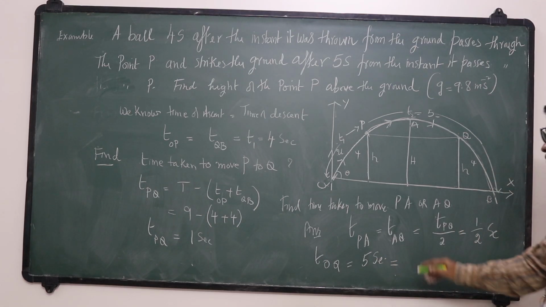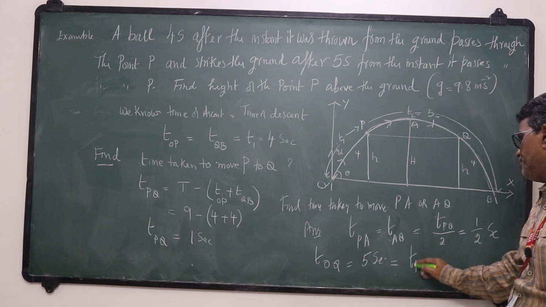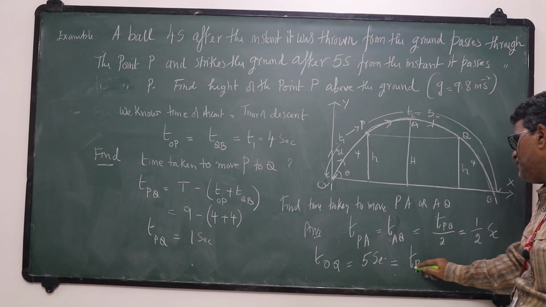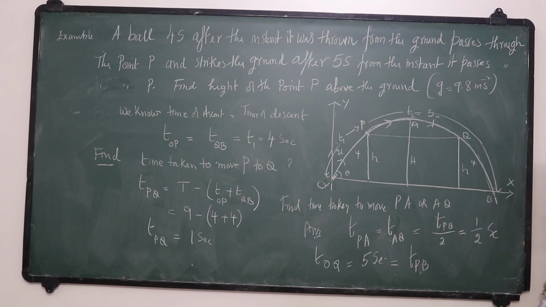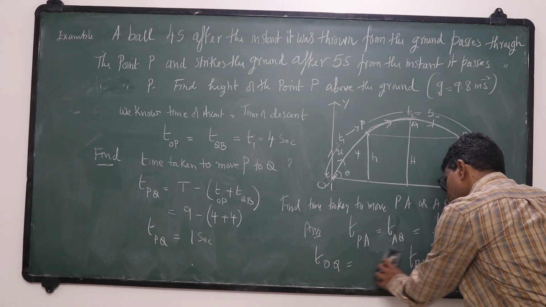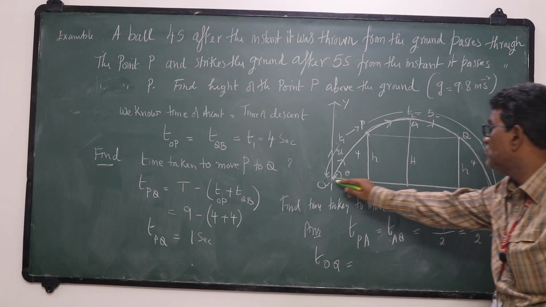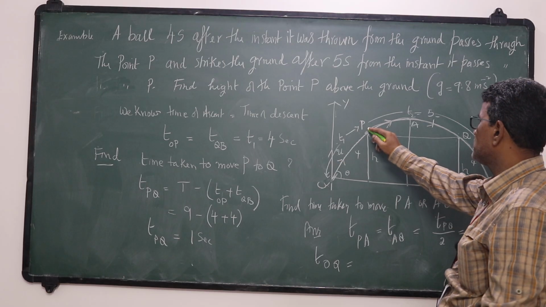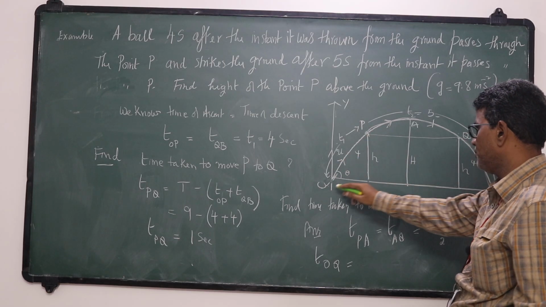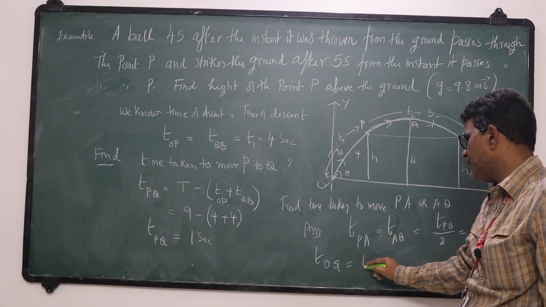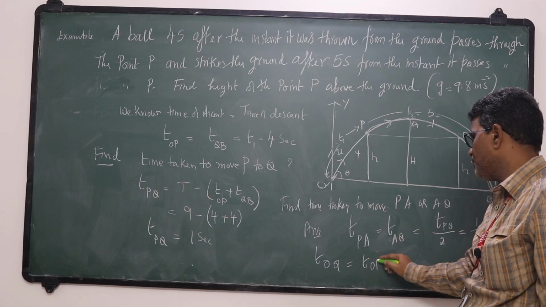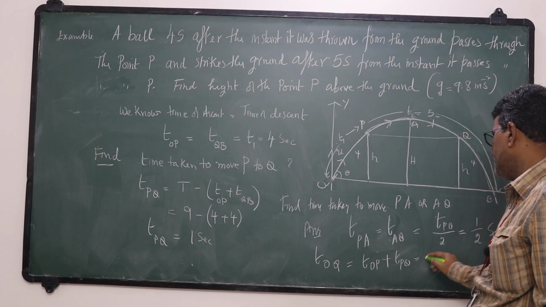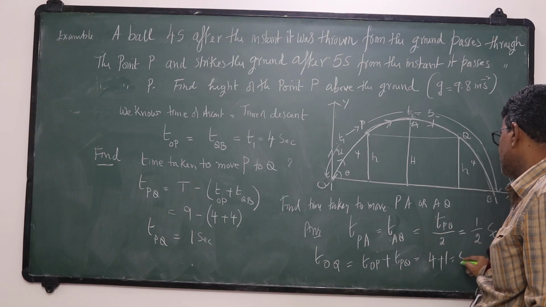Because that is equal to the time taken to move from P to B. The time taken to move O to Q can be written as the time taken to move O to P plus the time taken to move P to Q. That is 4 plus 1, 5 seconds.